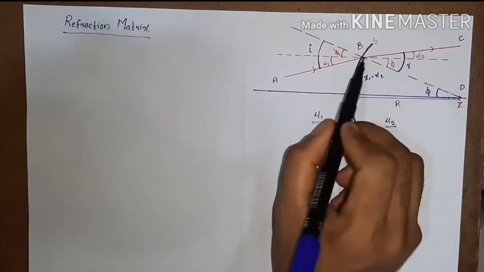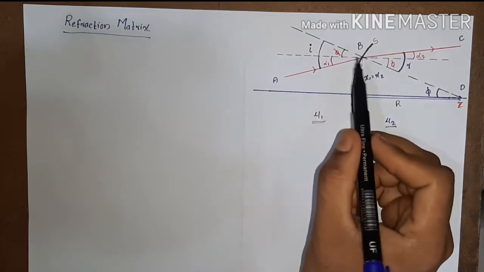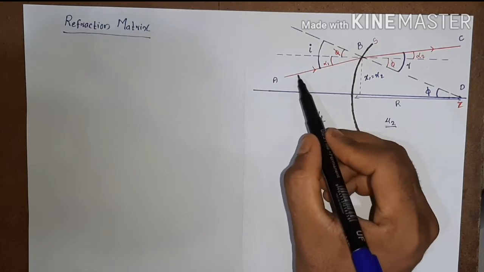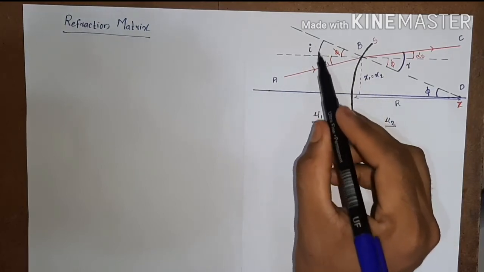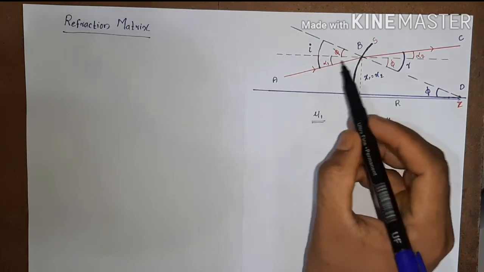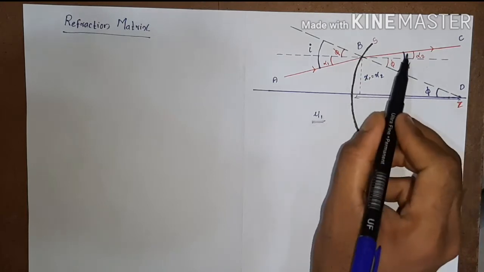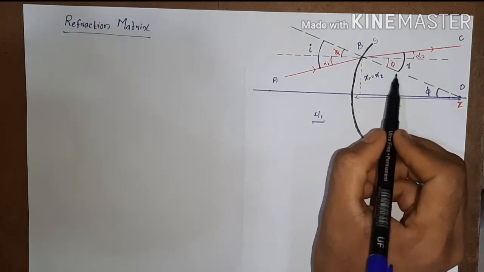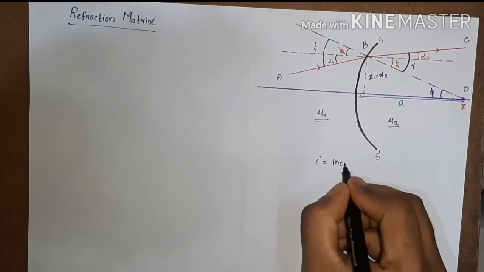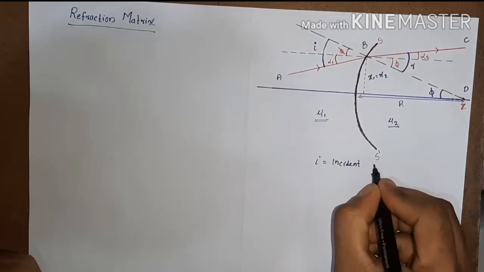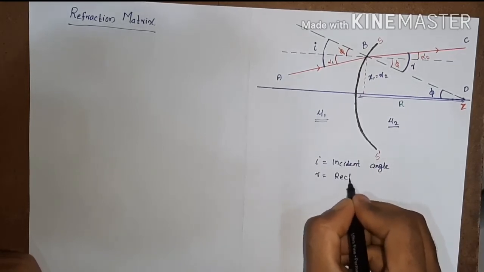This line BD represents the normal through the point B. The incident light ray and the normal make an angle I, which is the angle of incidence. Similarly, the refracted light ray and the normal make an angle R, which is the angle of refraction.